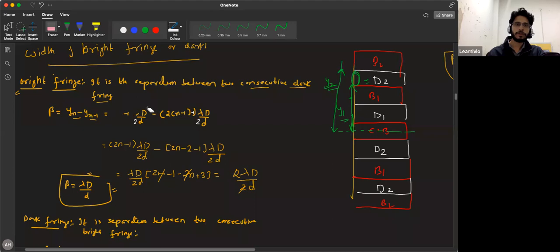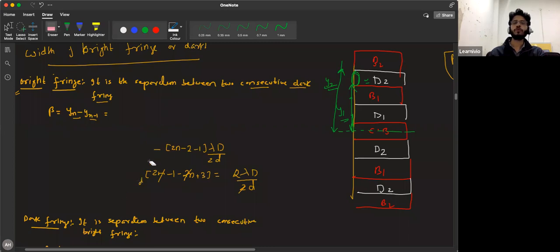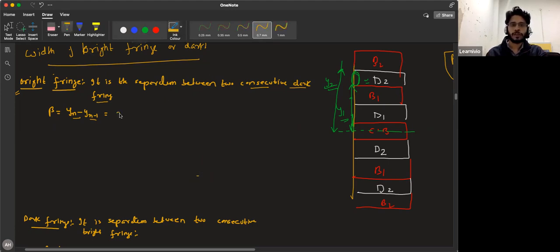Now, let's repeat this calculation. We will take the nth fringe and the n minus 1th fringe and subtract them. That's it. So what is the nth fringe? The nth fringe is n lambda D by d, with capital D and small d. The n minus 1th fringe is (n minus 1) lambda D by d. I'm taking something very general.